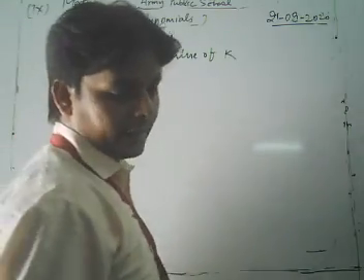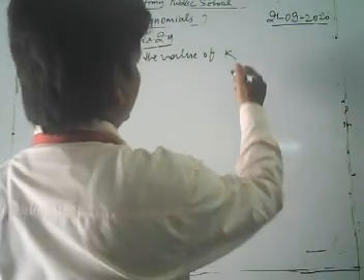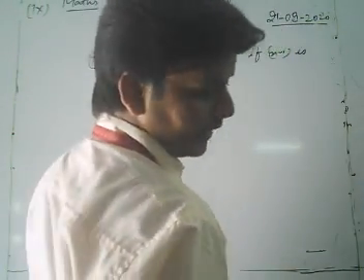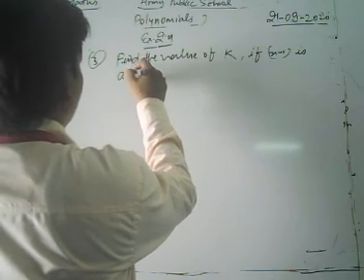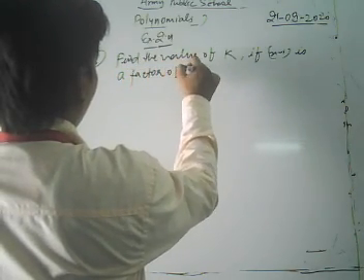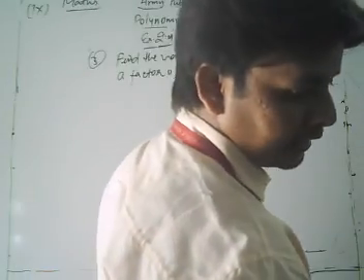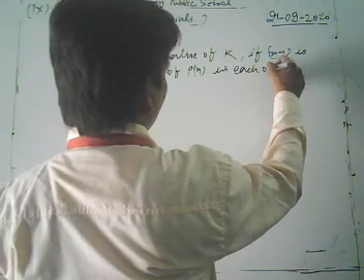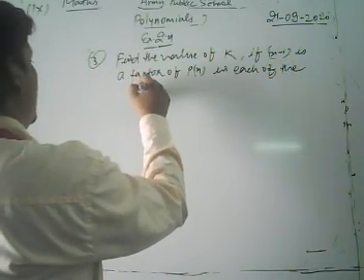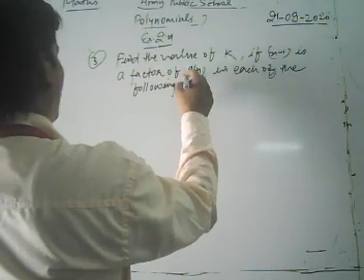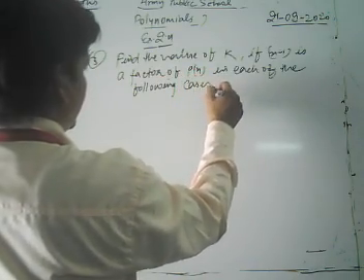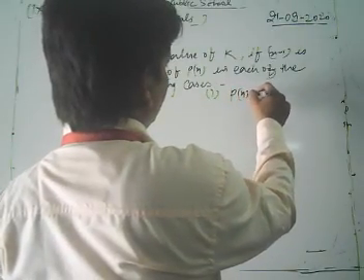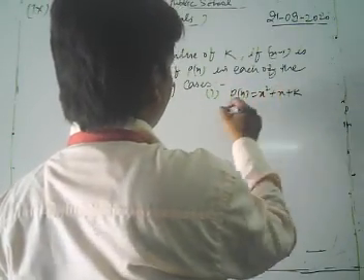Find the value of k if x minus 1 is a factor of p(x) in each of the following cases. First part of this question is p(x) equal to x square plus x plus k.